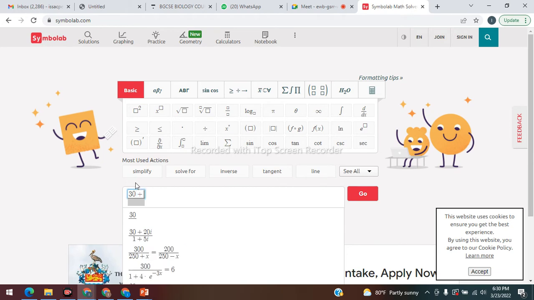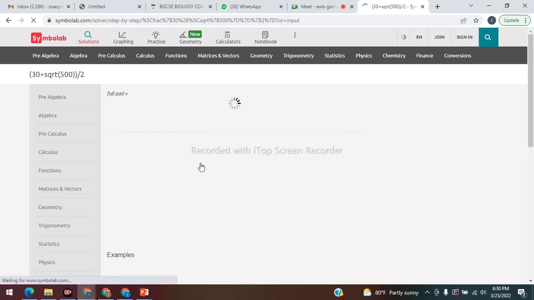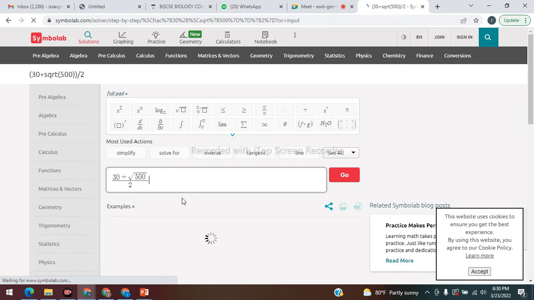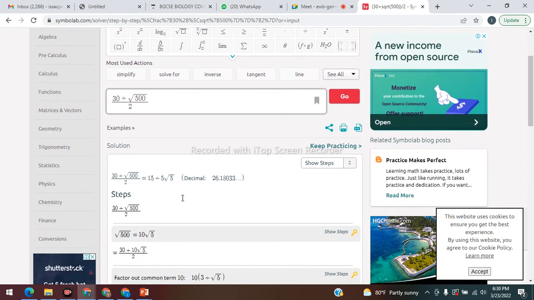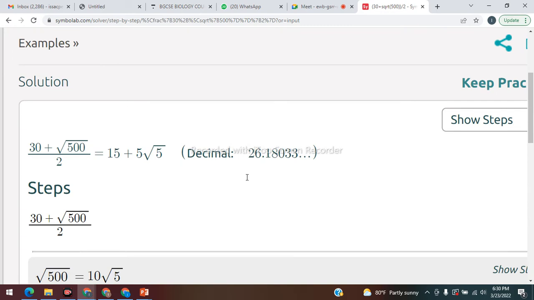30 plus the square root of 500 divided by 2. That's all. That's 26.18.